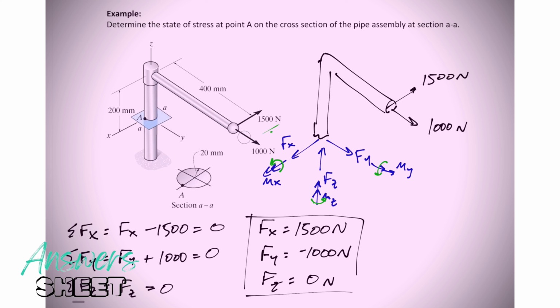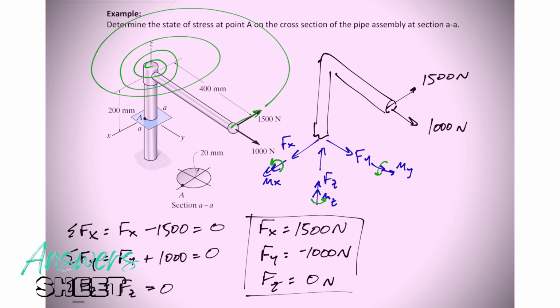The one that I see first is if I'm going to be pushing this way right here on this arm, I'm going to create this rotation about the z-axis. See that? If I've got a force of 1500 newtons and a moment arm of 400, that would create a rotation in the z-axis.